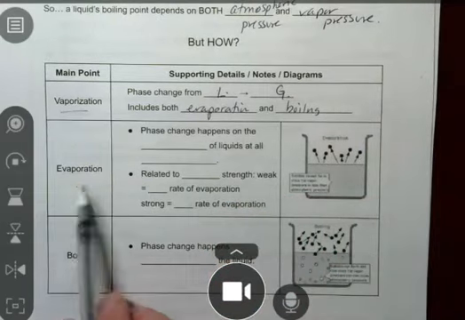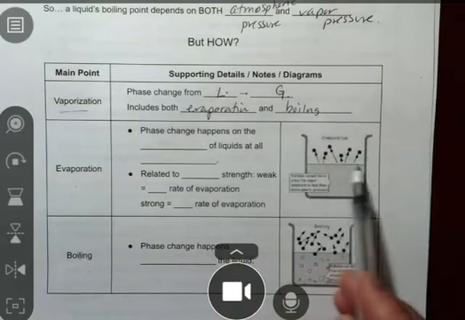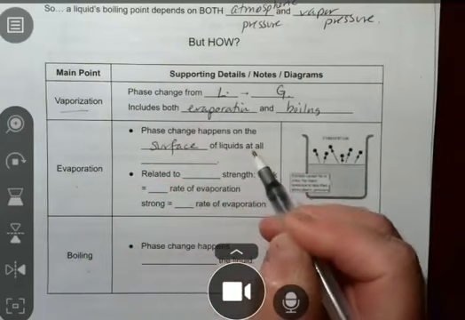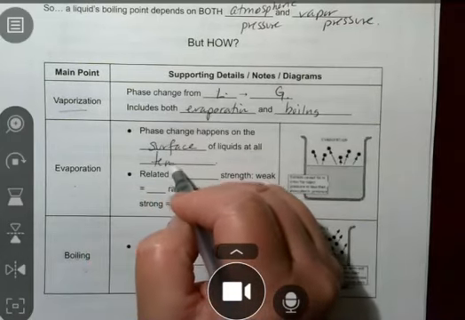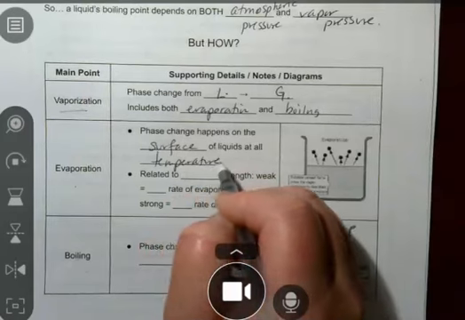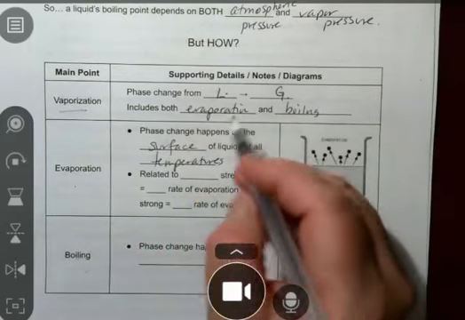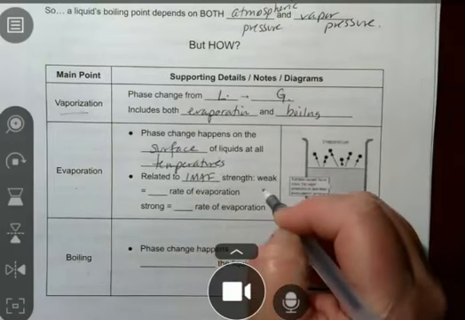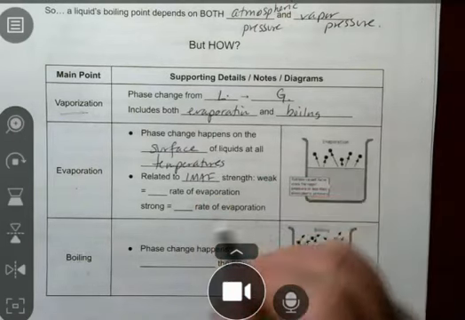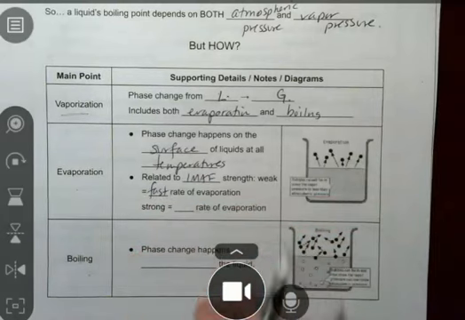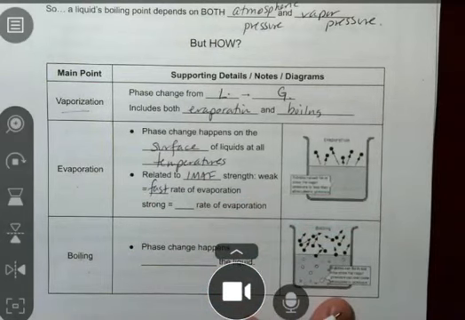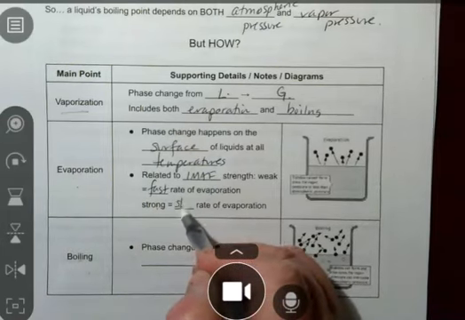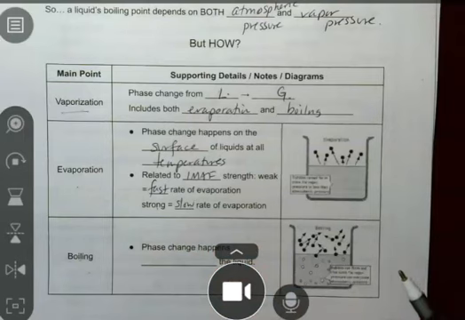Evaporation is when the phase change is only happening on the surface of liquids at all temperatures. It is related to the intermolecular attractive force strength. Weak intermolecular attractive forces will result in a fast rate of evaporation, whereas a strong intermolecular attractive force will result in a slow rate of evaporation.